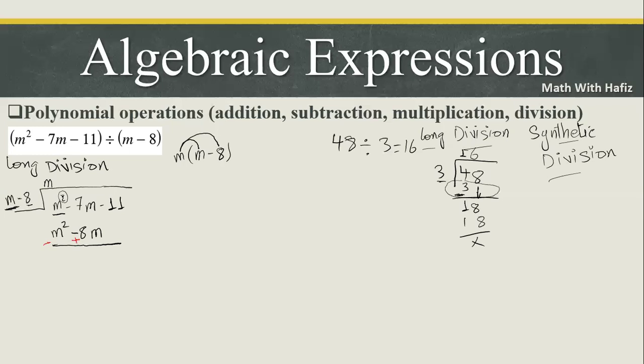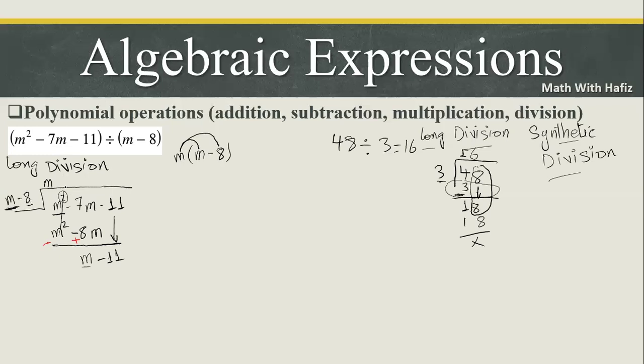All right. So m² minus m² will be cancelled. -7m plus 8m will give you m, and minus 11, because I'm writing this -11 down, the same concept. Now, what you have inside is m, and what you have outside is also m.